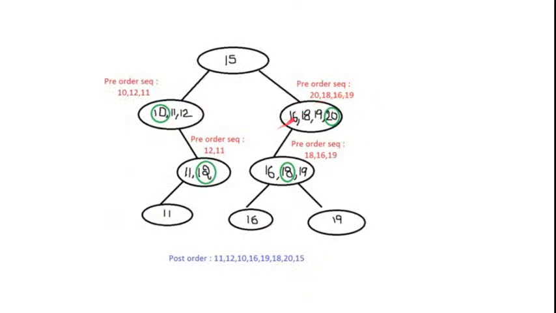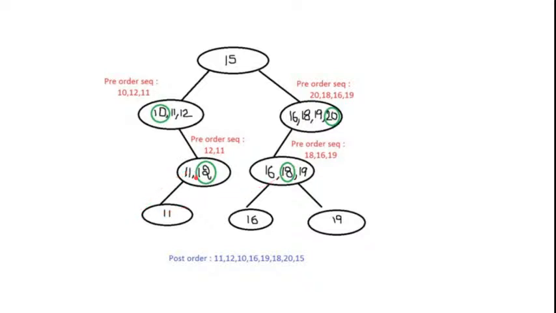This is also the way: the root node, and the less than 15 will come, that is in the pre-order sequence 10, 11, 12, and here the right side 16, 18, 19, 20. Here 10 is the root node, and 11 and 12 are greater than 10, so they come on the right side. And here 20 is the root, so 16, 18, 19 come on the left side, because they are less than.